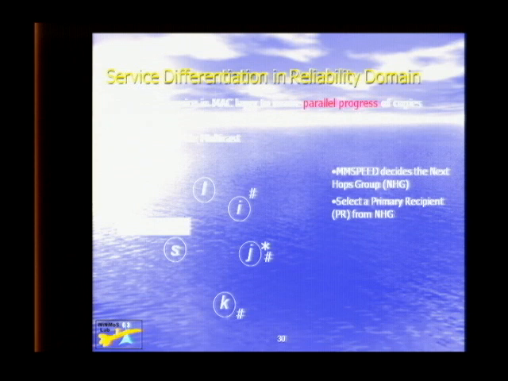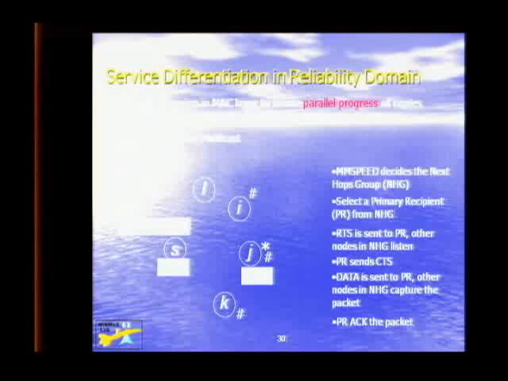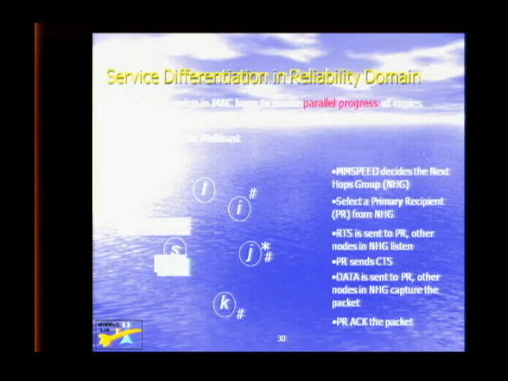Let's say you send an RTS, and it sends a CTS back, and then the source sends the data once again to everyone, and the acknowledgement is sent back from J again. So here I and K are just listening to the channel and trying to catch the information. If they don't receive any of these handshake signals or the data, they will simply keep silent but put a mark somewhere saying that I have not received it. That was not a successful reception for me.